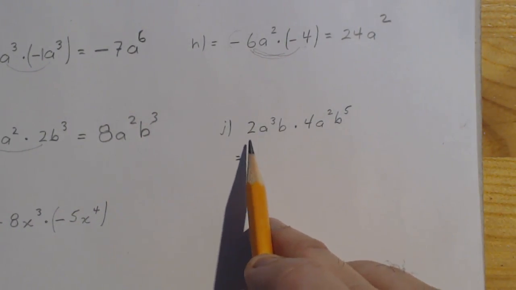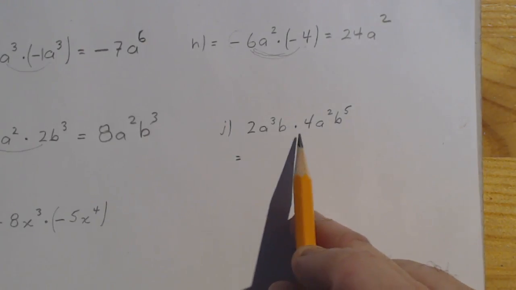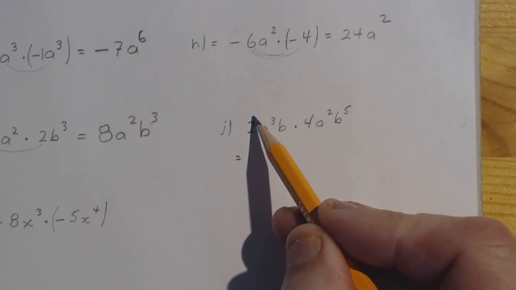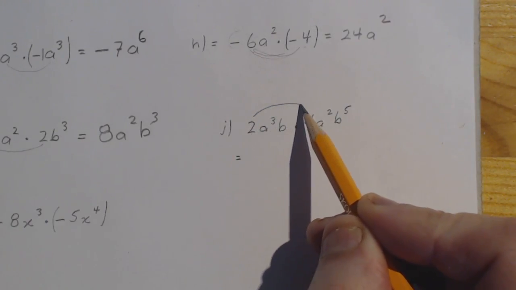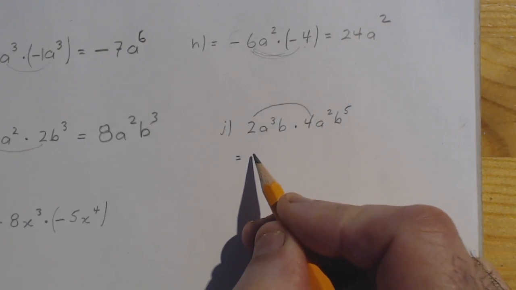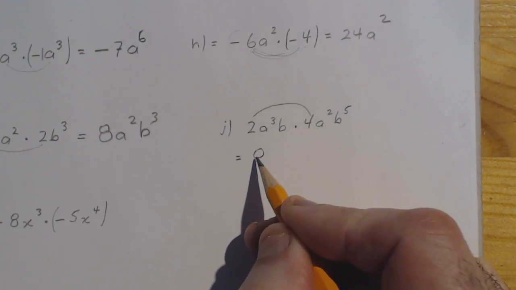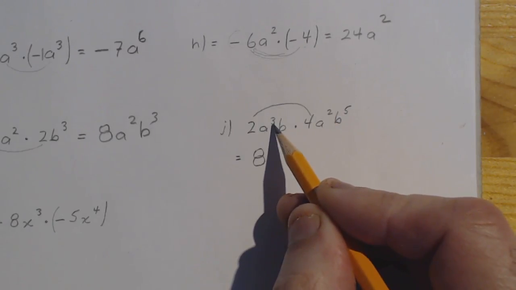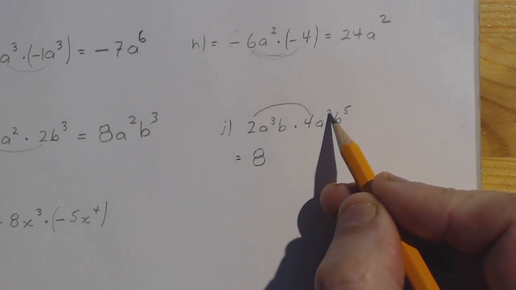Number J, now we have 2a to the power of 3b times 4a squared b to the power of 5. So we follow the same rule, the same idea. We multiply the two coefficients. We get 2 times 4 is 8. Now we've got an a to the power of 3, a to the power of 2.